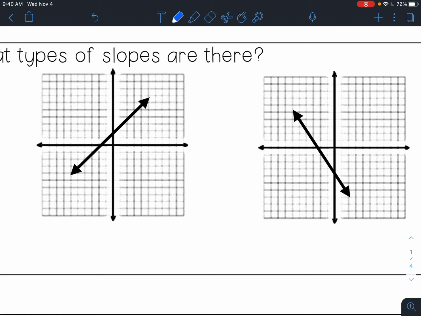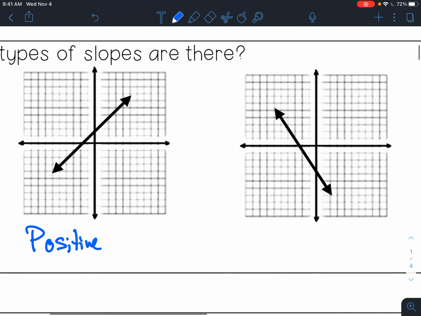So as you go from left to right on my line, if the y values are going up, meaning the right side of my graph points up, that is a positive slope. As you move from left to right, if your graph goes down, the right side goes down, that is a negative slope.